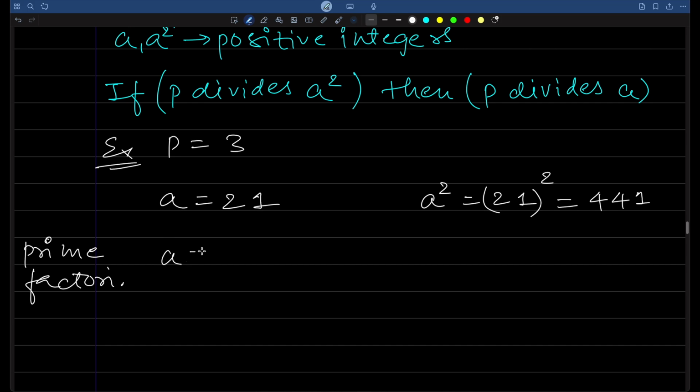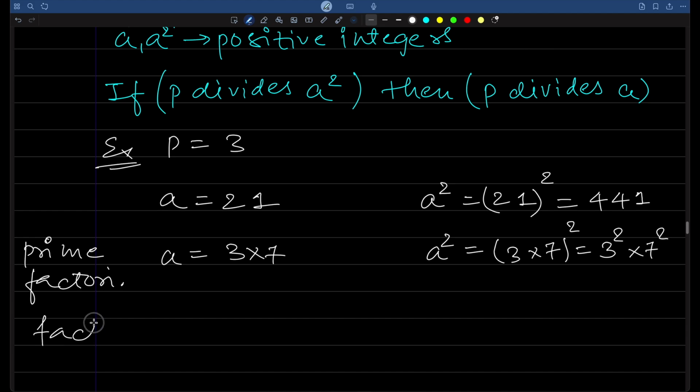Prime factorization of A equals 3 into 7. Prime factorization of A square, that is 3 into 7 whole square, equals 3 square into 7 square.